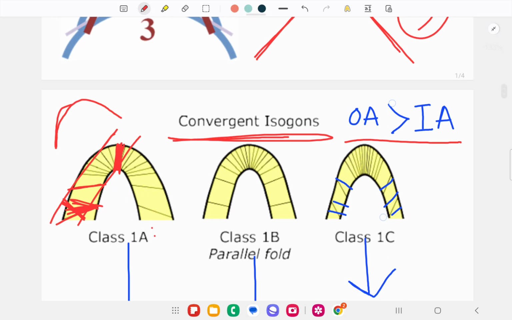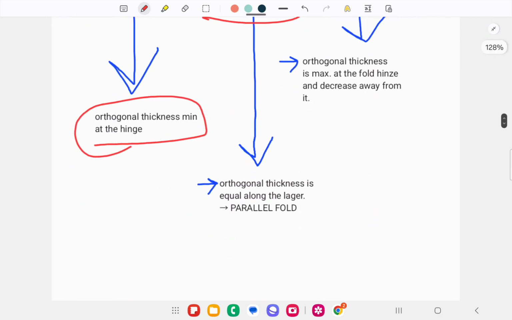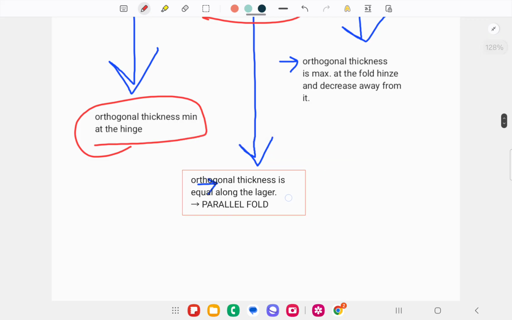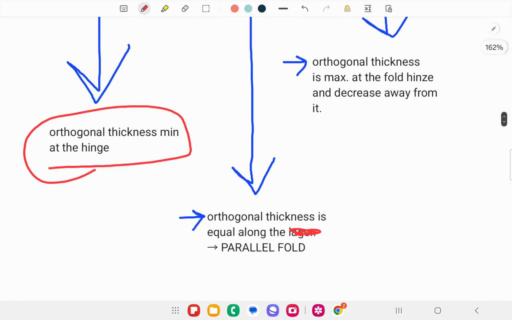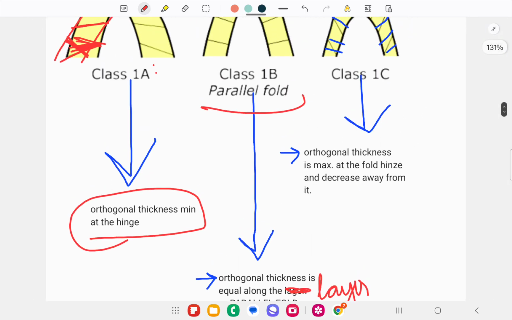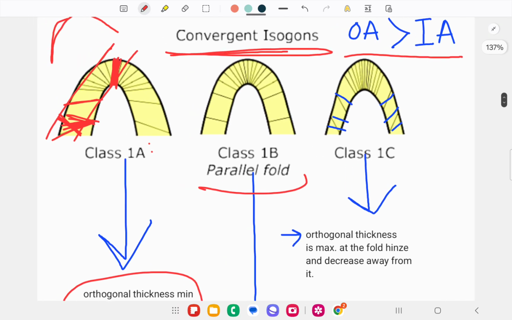In class 1B, it is called a parallel fold, and the orthogonal thickness is almost equal throughout the fold layer. That's why it is called a parallel fold, and the isogons are converging. In class 1C, the orthogonal thickness is widest in the hinge area of the fold.